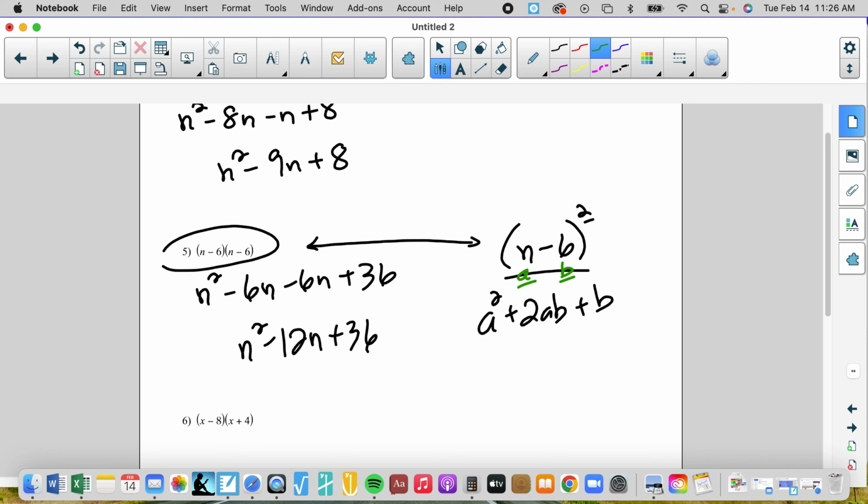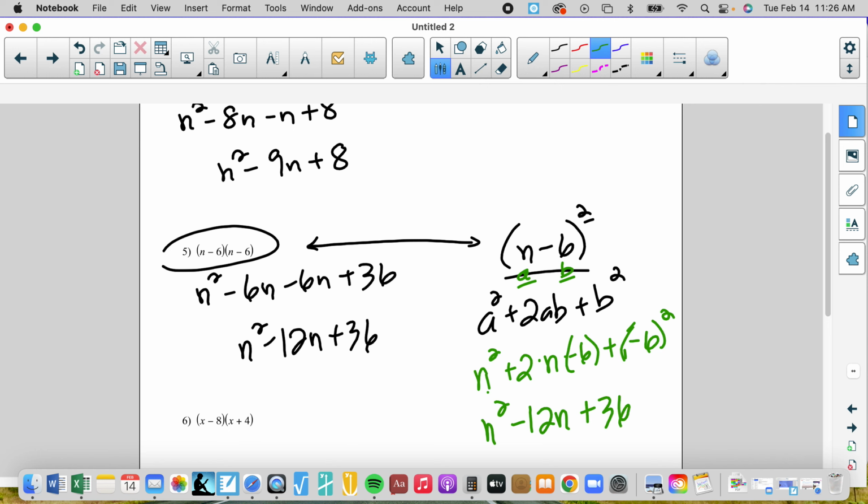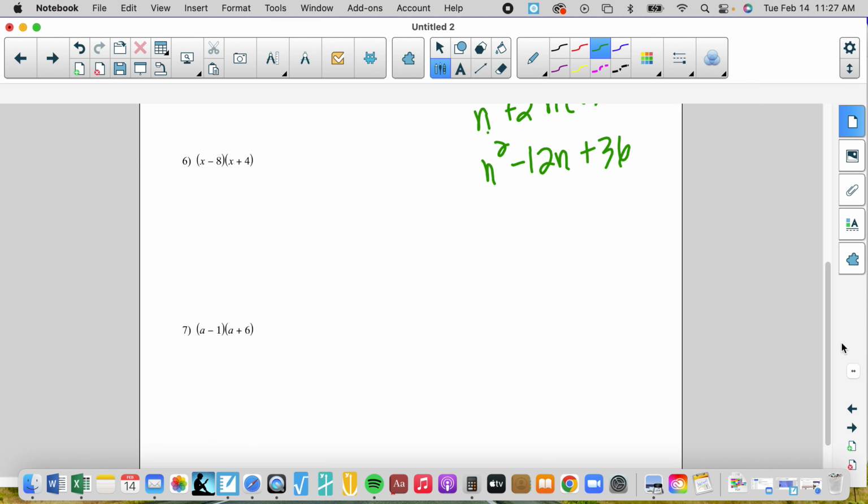So you get n squared, plus 2 times n times negative 6 is negative 12n, plus b squared, which is negative 6 squared, plus 36. Did we get the same answer? Yep. And that's a shortcut, but you can use FOIL. FOIL is a very efficient way.